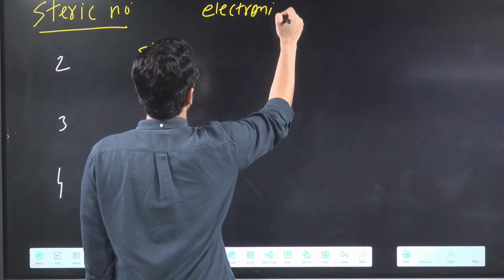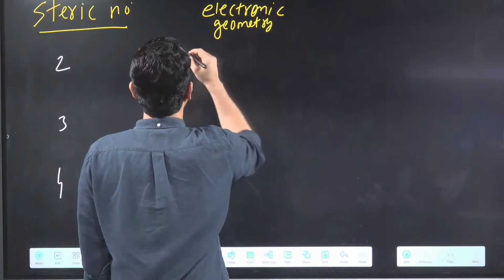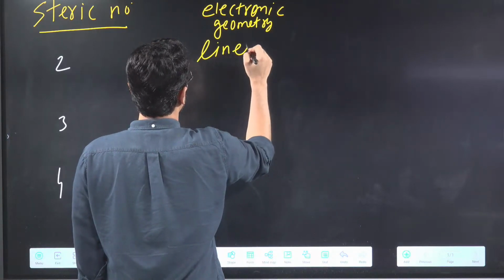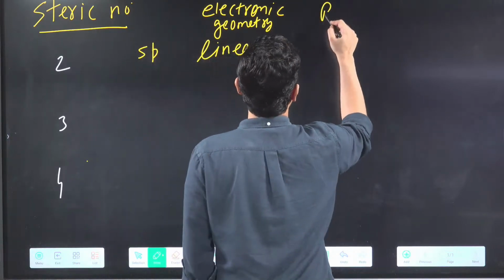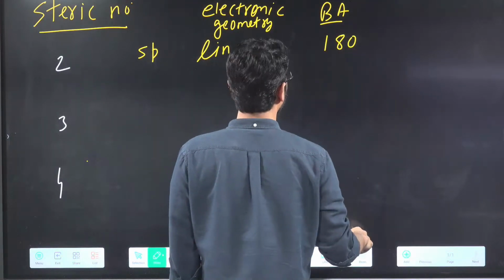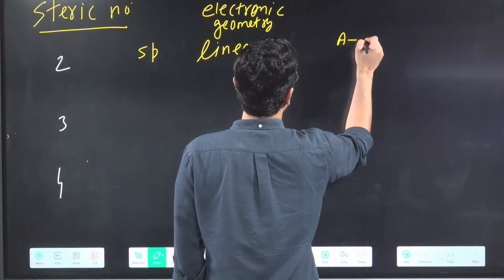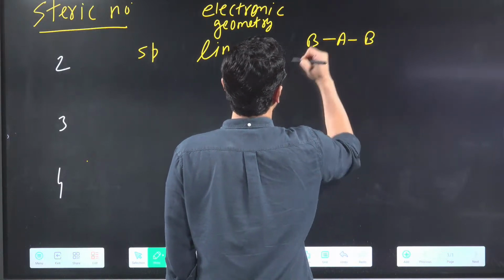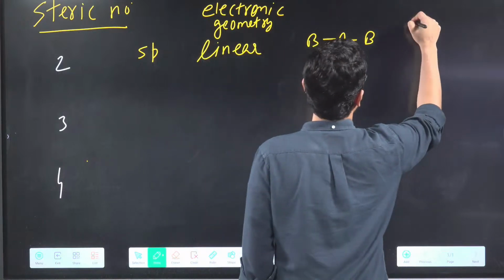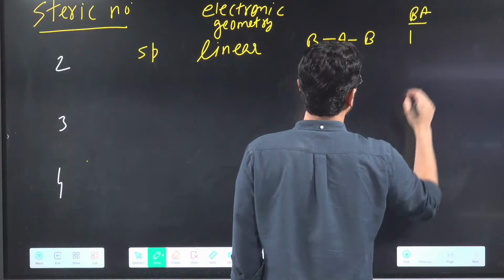Electronic geometry is linear. Bond angle is 180 degrees. You can draw the structure: suppose this is the central atom, and two sigma bonds are formed. The bond angle is 180 degrees.